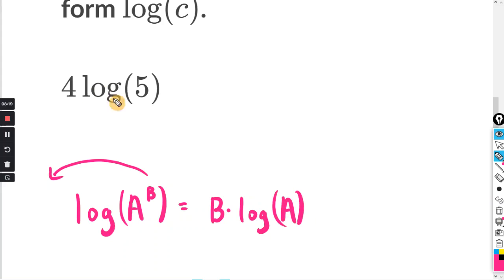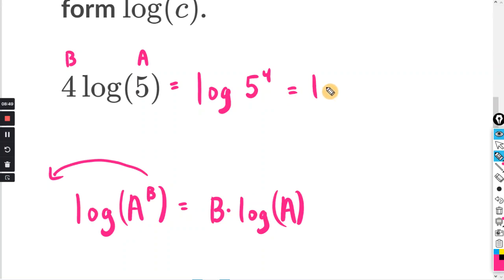All right, so in this case, we're just working backwards. Okay, clearly b, the number that is out front in the front of the log, is the number 4. And the thing we're taking the log of is a. So we're going to translate it to this right here. That's going to be the log of a, which is 5, to the power of b, which is 4.